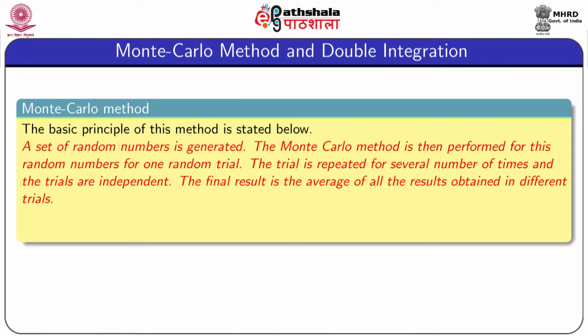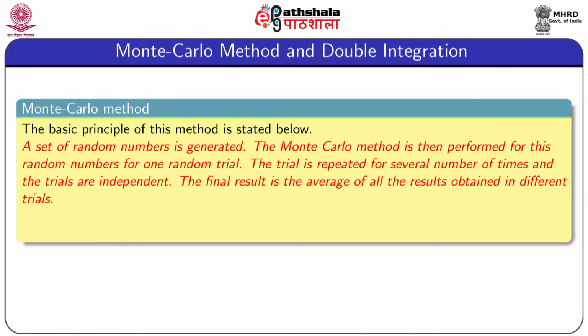The Monte Carlo method is a very interesting method to solve different types of problems based on random numbers. The basic principle of this method to find the integration is stated below. A set of random numbers is generated. The Monte Carlo method is then performed for these random numbers for one random trial.